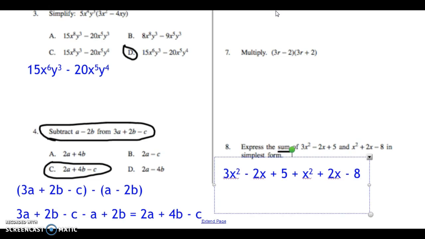When we're adding two polynomials, we don't need the parentheses. We can just combine like terms just like they are. So 3x squared plus x squared is going to give us 4x squared. Negative 2x and positive 2x, those two eliminate. They turn to 0. And positive 5 and negative 8 become negative 3. So our answer should be 4x squared minus 3.